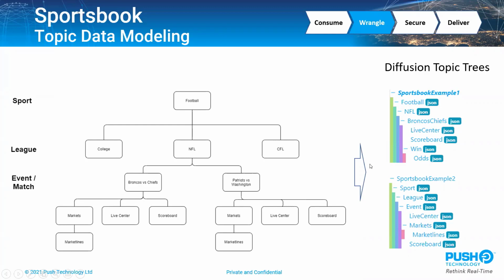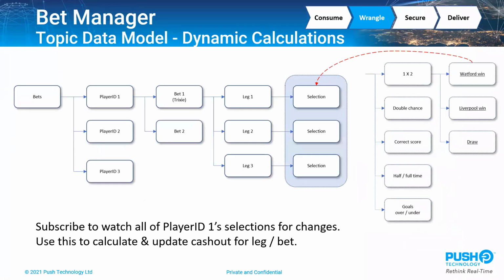So it really gives a couple of different ways that our customers can begin to work with Diffusion, maybe on an event-by-event basis as a topic, or maybe generalize it. So there's a lot of flexibility in creating data models inside of Diffusion.